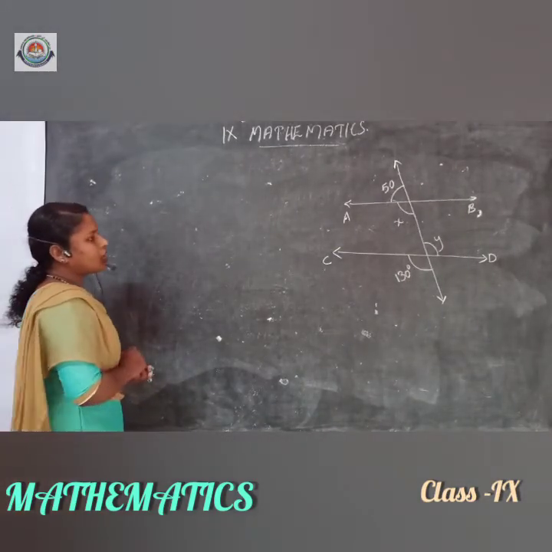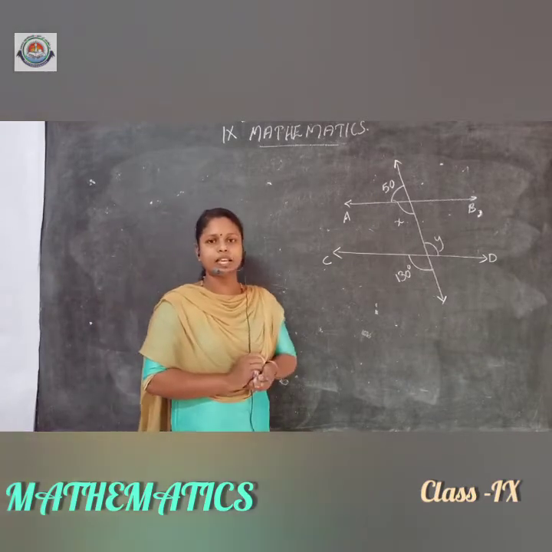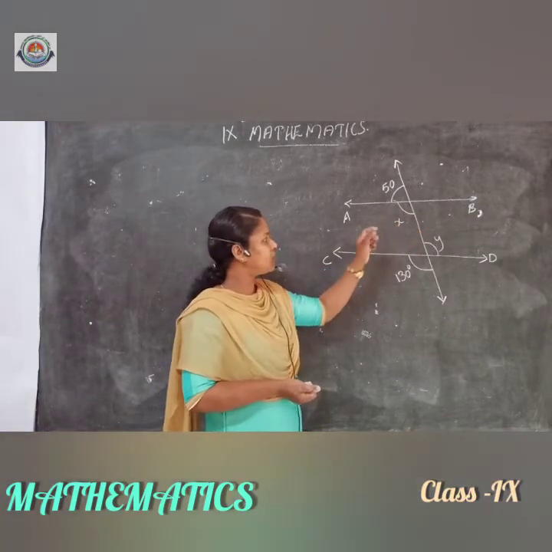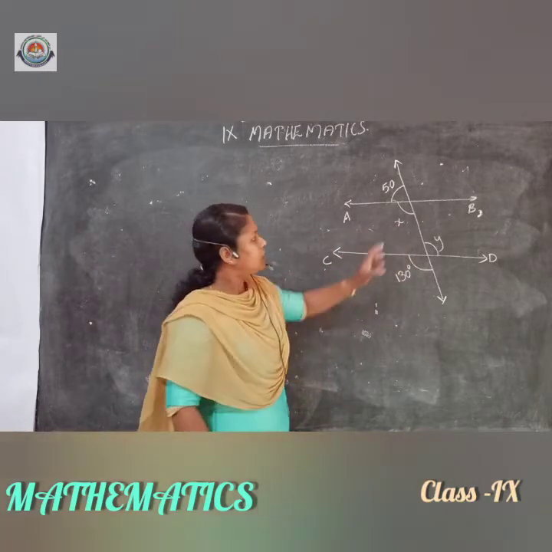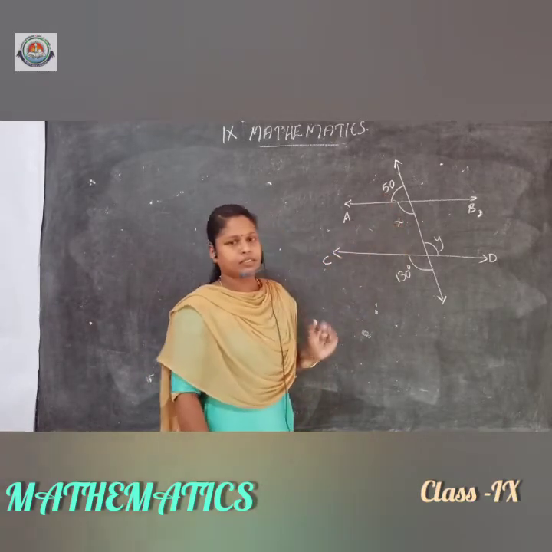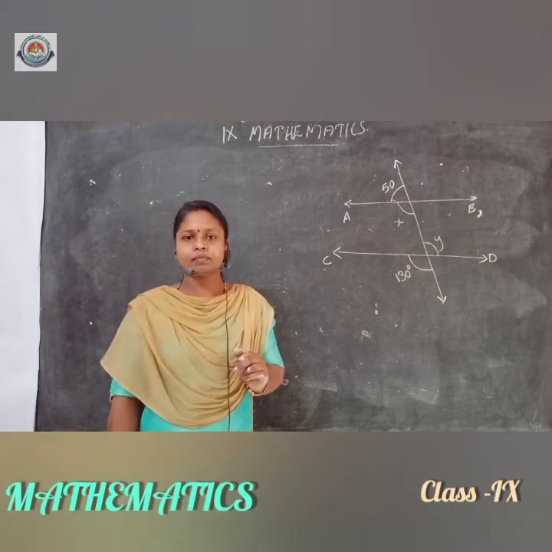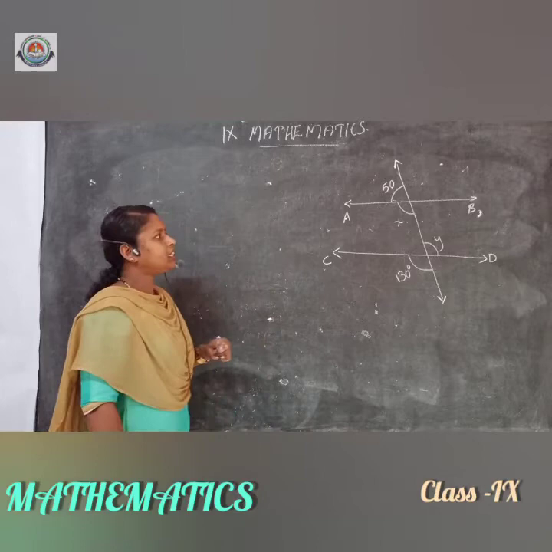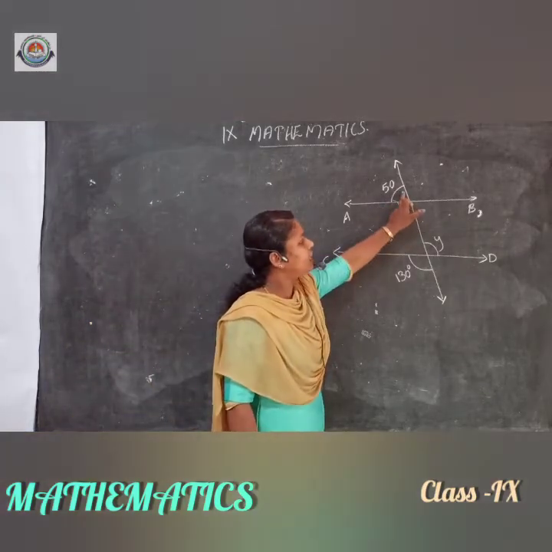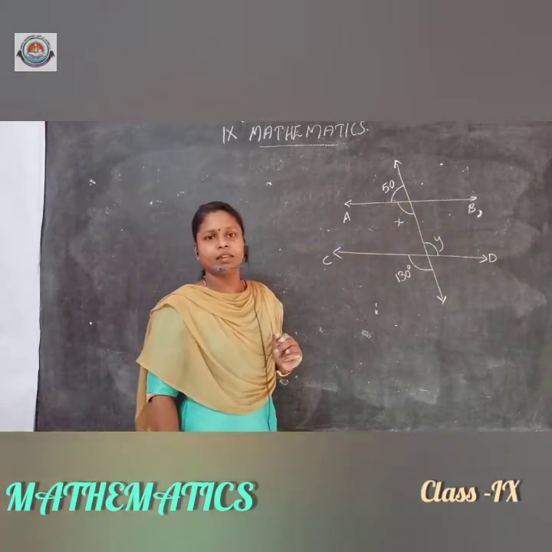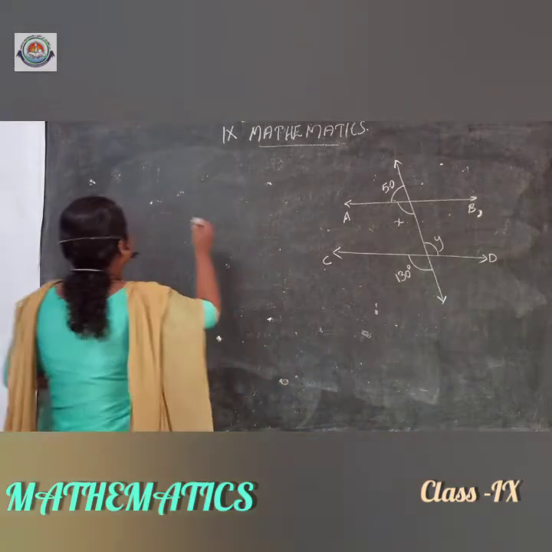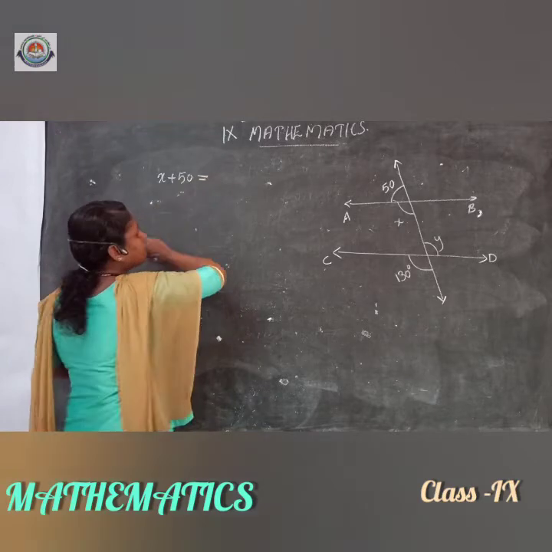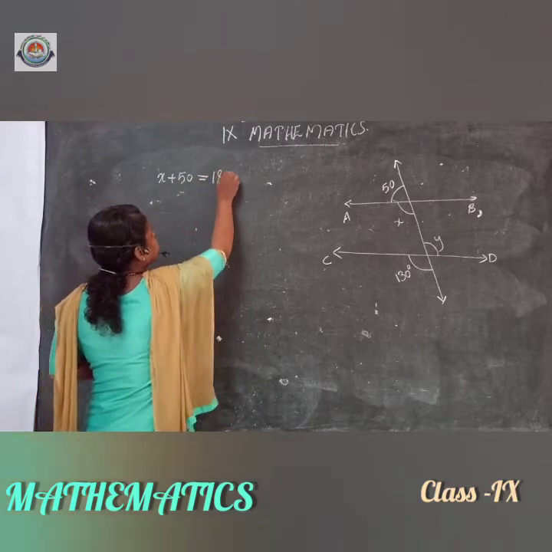Then how can we find the value of x and y? From the figure you will get 50 plus x. What is 50 plus x? Yes, it is 180 degree. Why? 180 degree means they are linear pairs. x plus 50 degree is equal to 180 degree.